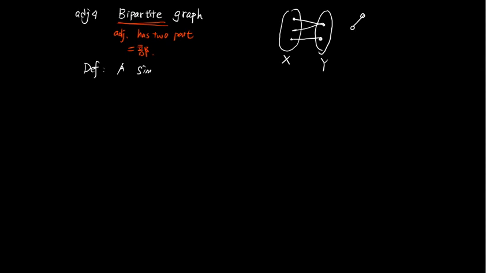For example, we have C4. We can partition that into left and right. So this is X, and this is Y, so that X and Y have no common vertices, but all the edges are in between. So I'm going to write down the formal definition.